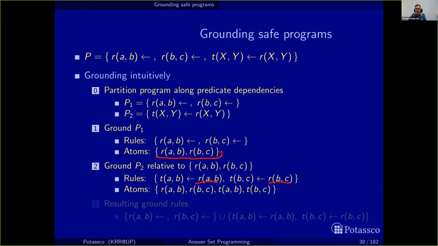This results in these ground rules; the atoms that were possible remain internal information to the grounder, and that's the resulting ground program. By only allowing instantiations that rely on atoms that were possible in former components, this already accounts for closed world reasoning. You can only generate information that you know is at least possibly derivable.